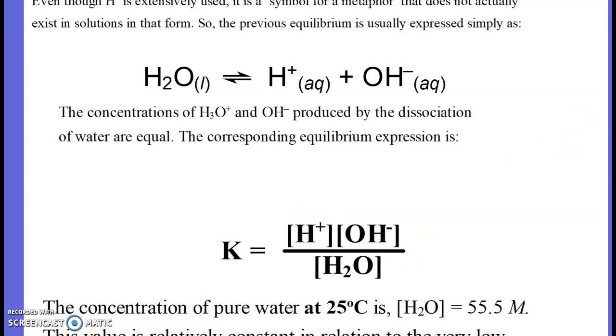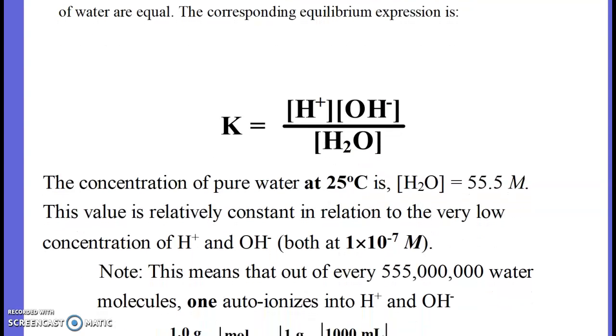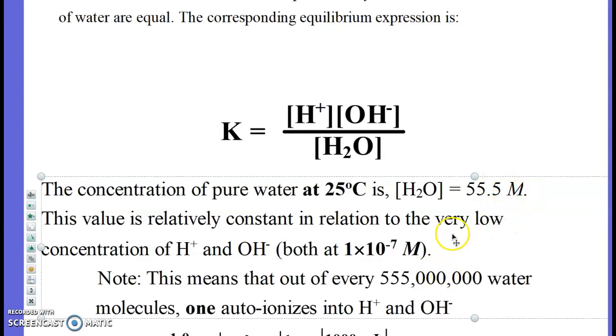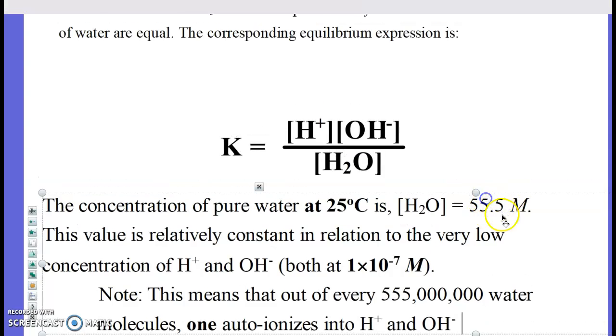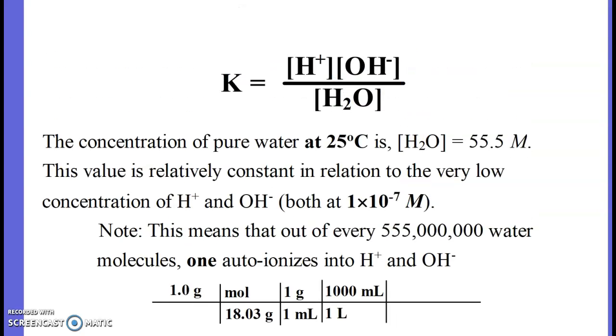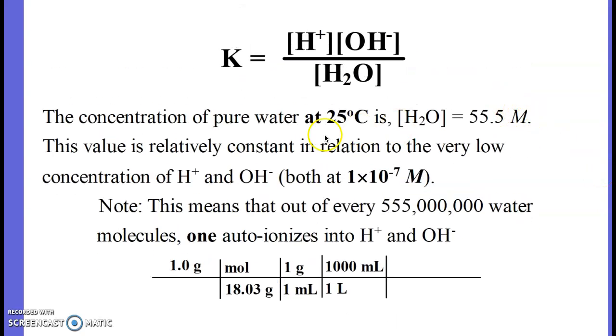And so if we think about this, if we have a liter of water at 25 degrees Celsius, the number of water molecules you can fit into a liter of water is 55.5 moles for every liter, right? So this is the molarity. Pure water actually has a concentration, molarity, of 55.5 molar. Okay, and so if we think about how often these water molecules dissociate in this 55 moles?